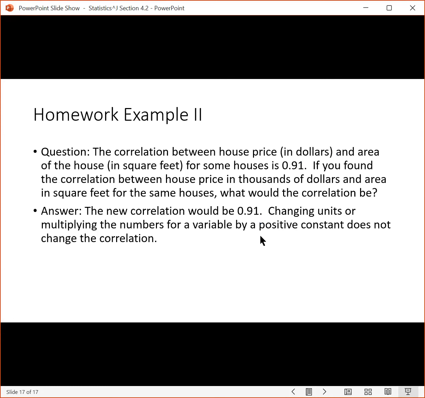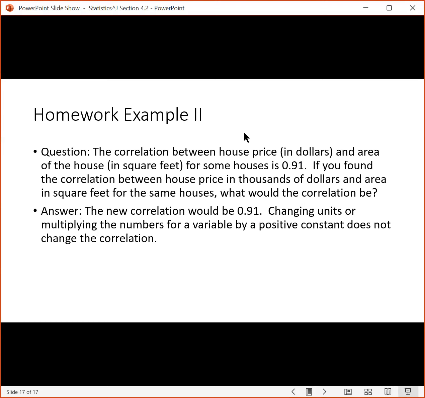All right, and then the next homework example. The correlation between house prices in dollars and area of the house in square feet for some houses is 0.91. If you found the correlation between house price in thousands of dollars and area in square feet for the same houses, what would the new correlation be?